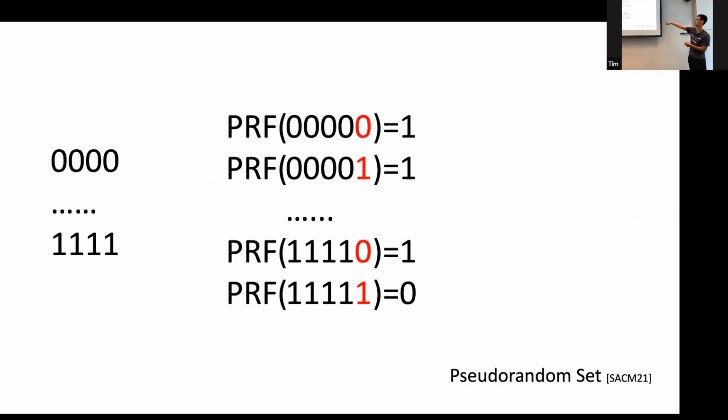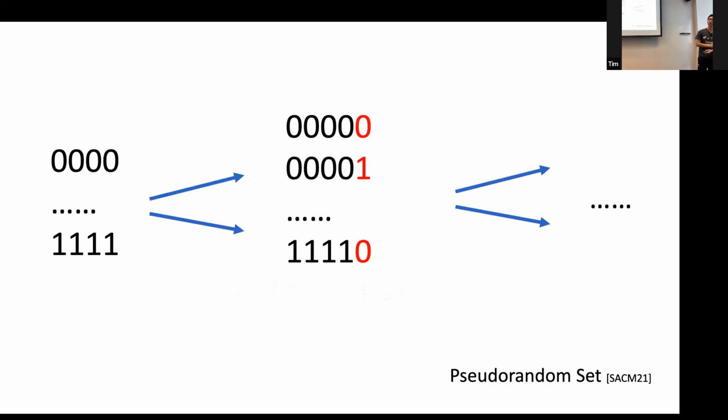If the PRF value is 0, we simply delete it from our active set, and we keep all the remaining ones. Then we keep doing the expansion until we reach the binary representation length. Then we stop and pick all of them. The remaining binary representations are exactly the indices included in our set.